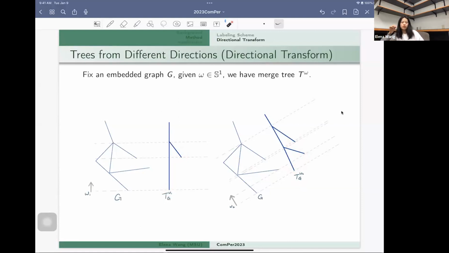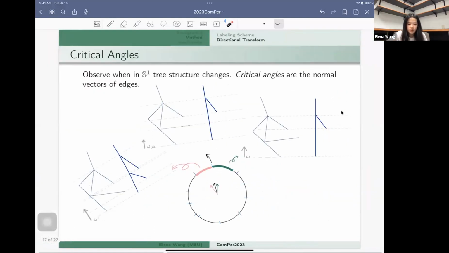And we want to observe when exactly the combinatorial tree changes. We call these change points critical angles. The critical angles are the normal vectors of edges. So going from the previous example, any angle that is in this green wedge, we will get a combinatorial tree that has 2 branches.